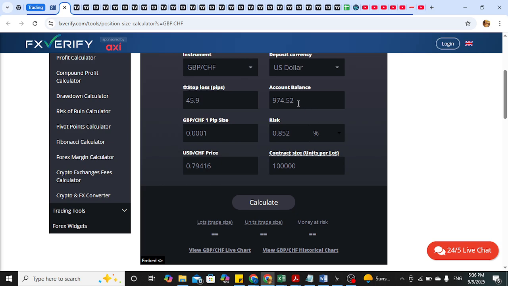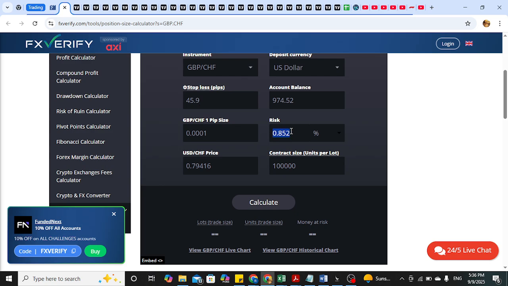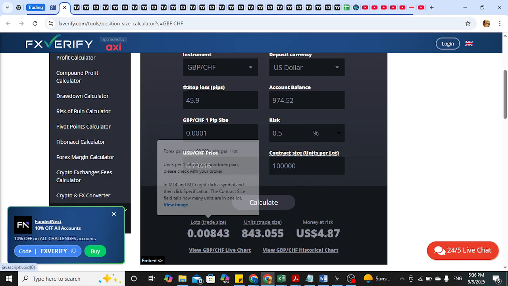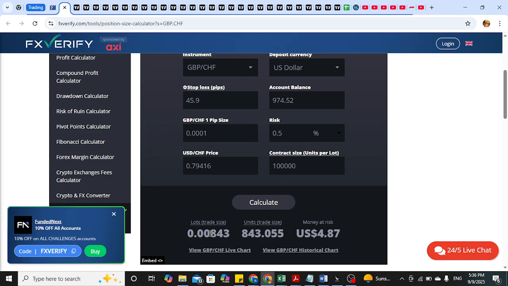Actually, I'm testing on the demo, I started from 923. So now it's 974. Actually, it's now 963, but this happened after I finished trading today. My starting risk is 0.5%. So it's not even 1 micro, it's less than 1 micro.